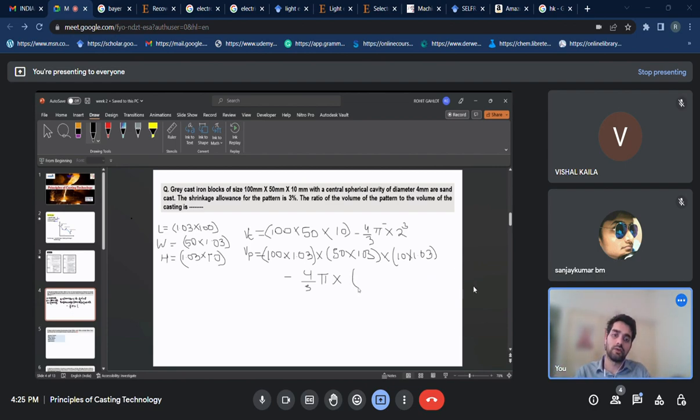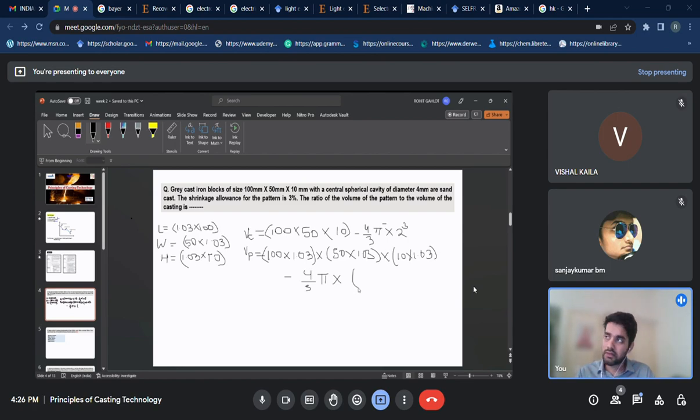And again, if we talk about the central cavity, we need to subtract 4 by 3 pi, then r will also be taken as 1.03.